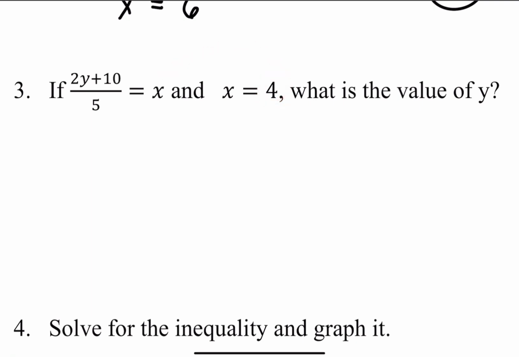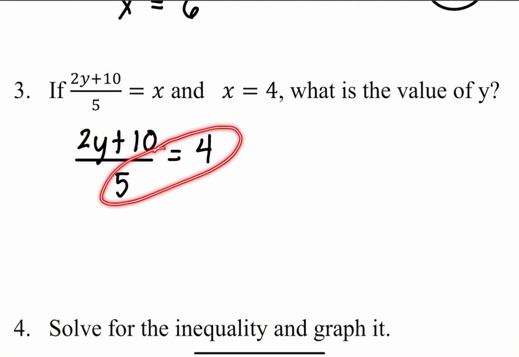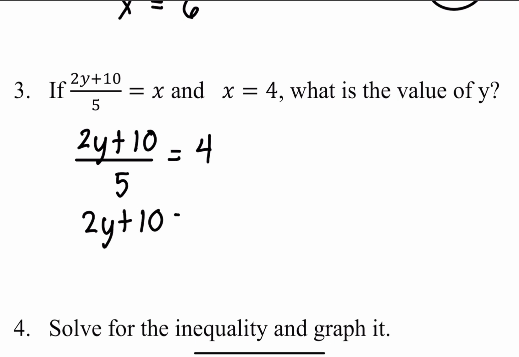So it will give us (2y plus 10) over 5. Now, instead of writing x, substituting x is equal to 4, we can write 4. Now, using cross multiplication, we can multiply 5 times 4. So it will become 2y plus 10 is equal to 20.